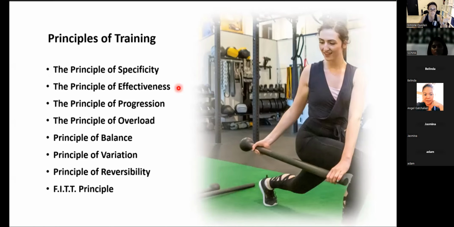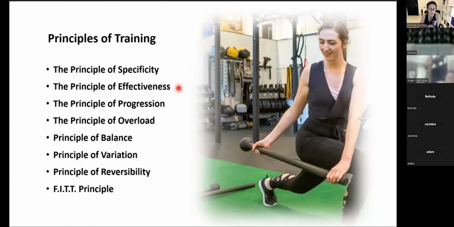Then the effectiveness principle is, for example, if someone has a tight hamstring and you want to do a stretch for the hamstring, it is more effective to do a hamstring stretch with a straightened knee rather than with a bent knee. That is an example. So try to do the exercises as effectively as possible.